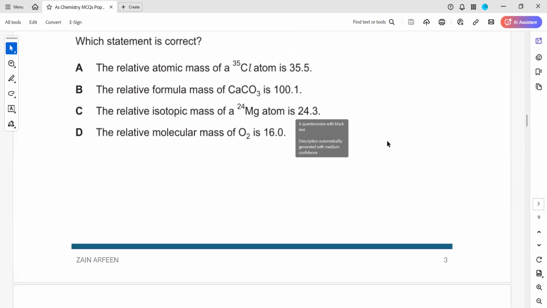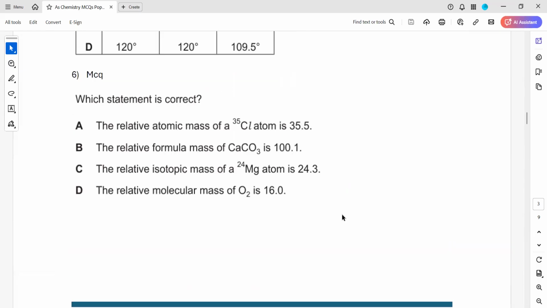Okay, question 6. In question 6, which statement is correct? The relative atomic mass of chlorine 35 is 35.5. No, this 35.5 is the average mass of the two chlorine isotopes. We have two isotopes of chlorine, one is chlorine 35 and another is chlorine 37. They have different percentages.